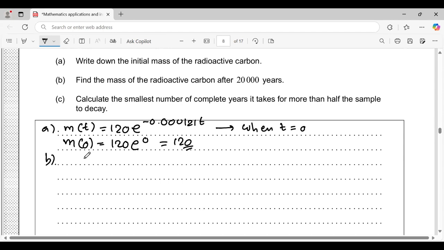And B, find the mass of the radioactive carbon after 20,000 years. So M(20,000) equals 120 e to the power minus 0.0000121 times 20,000.